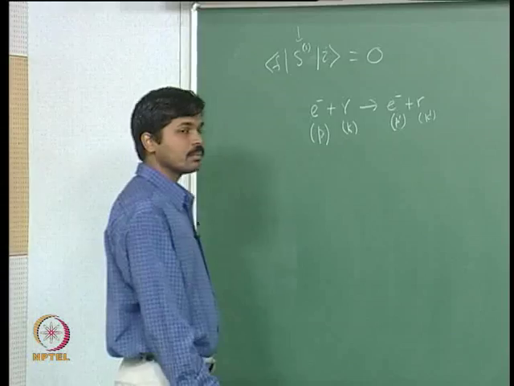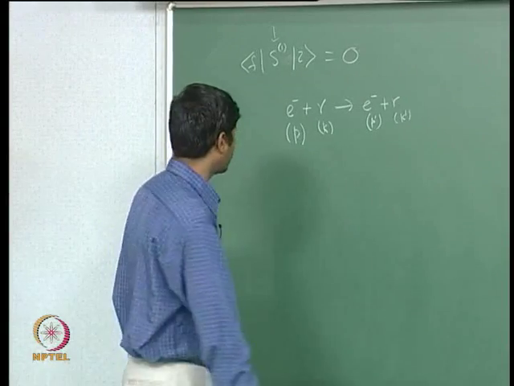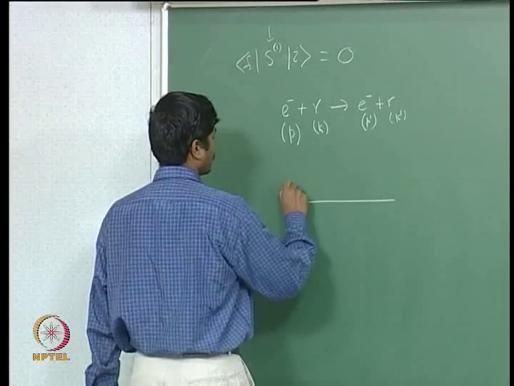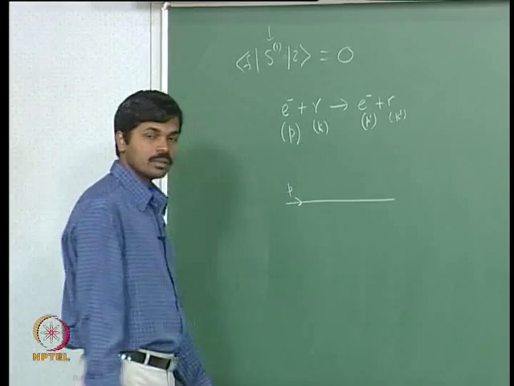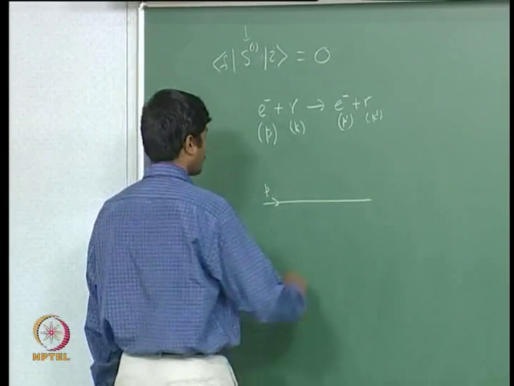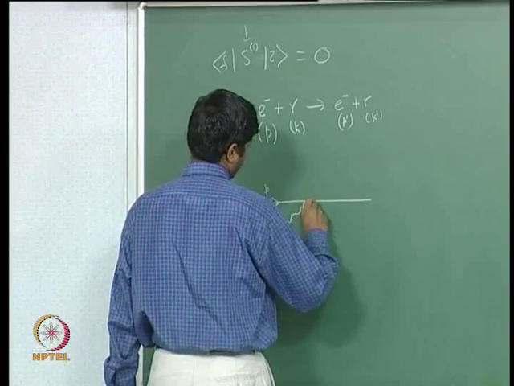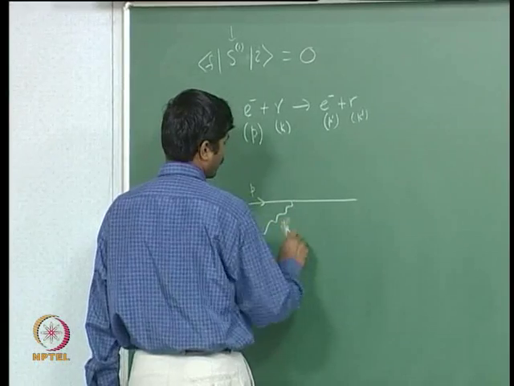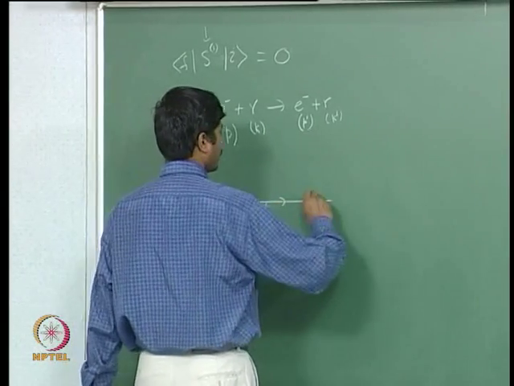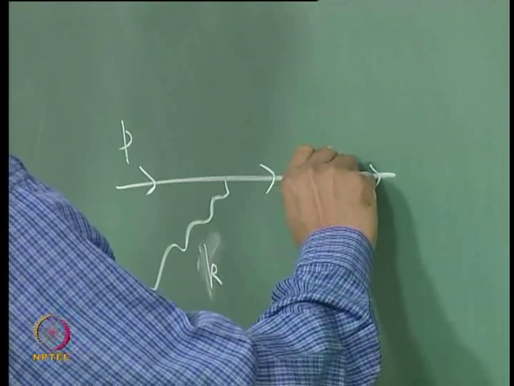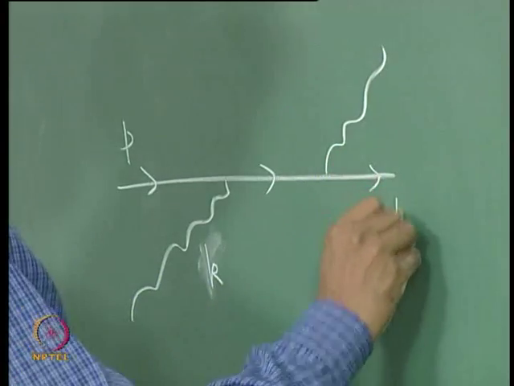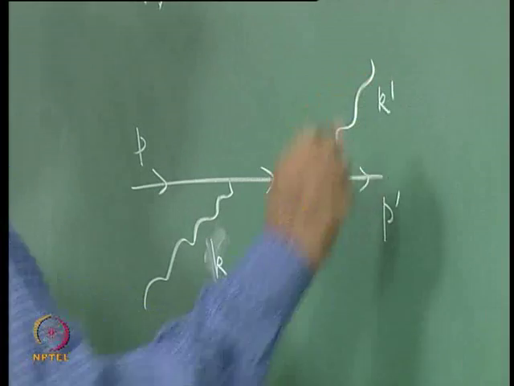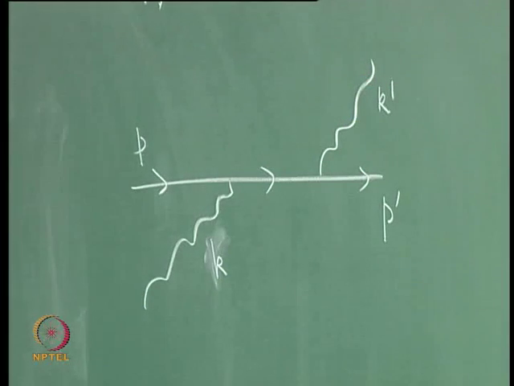There are two diagrams which contribute to this process. In the first, you have an incoming electron of momentum p, and an incoming photon of momentum k. Then at the end you have an outgoing electron of momentum p prime, and an outgoing photon of momentum k prime.